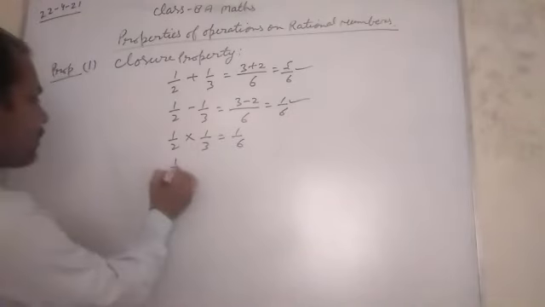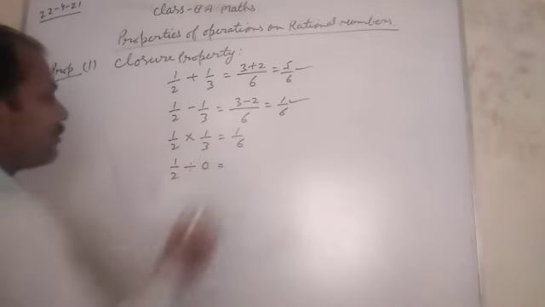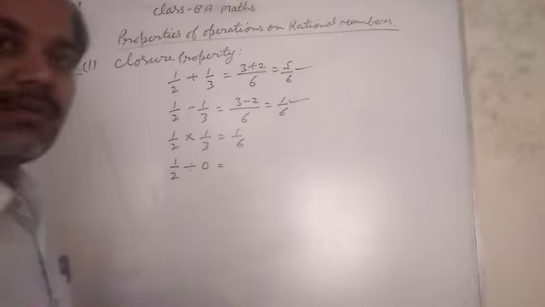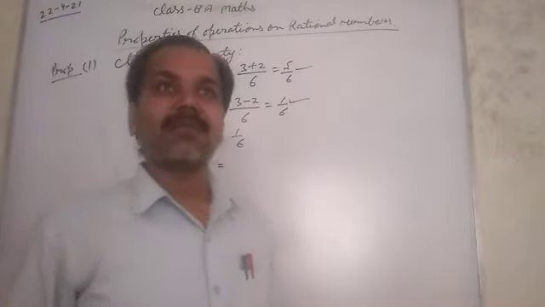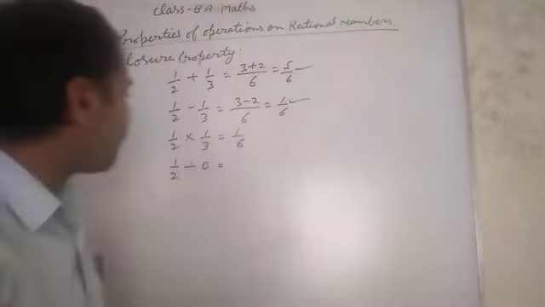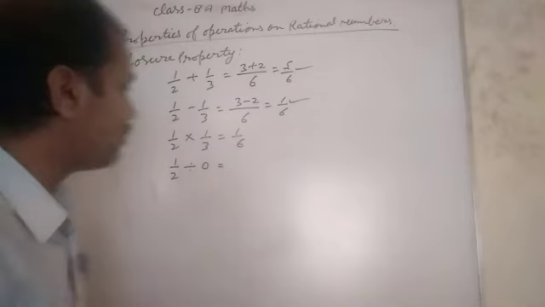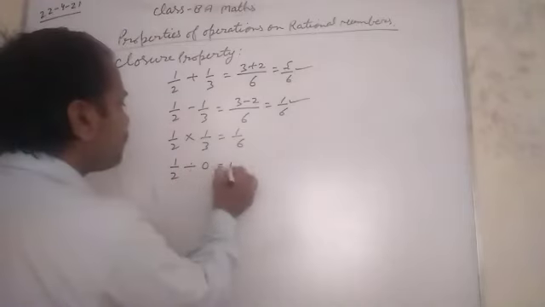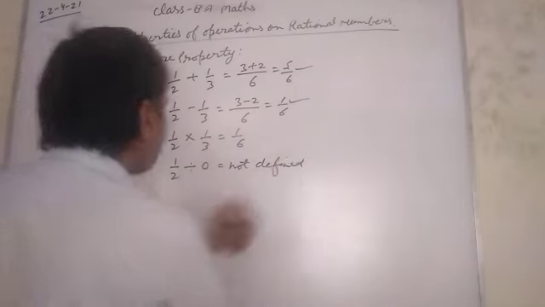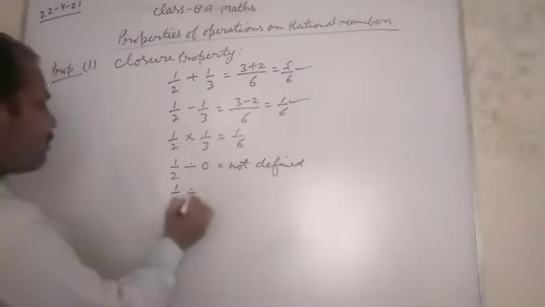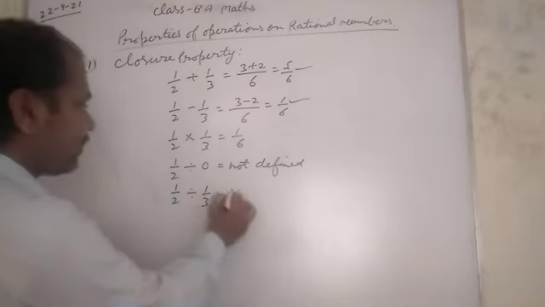But for division, suppose we take 1 by 2 and another number, 0. Now 0 can be divided by any number except 0, but any number cannot be divided by 0. So 1 by 2 divided by 0 is not defined. You can say that 1 by 2 can be divided by 1 by 3, yes.